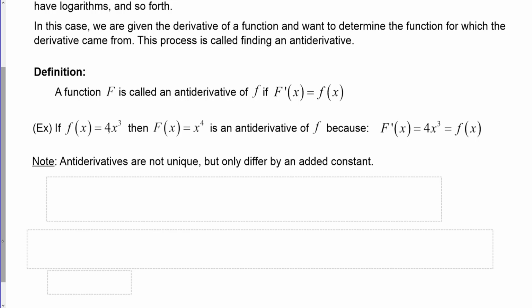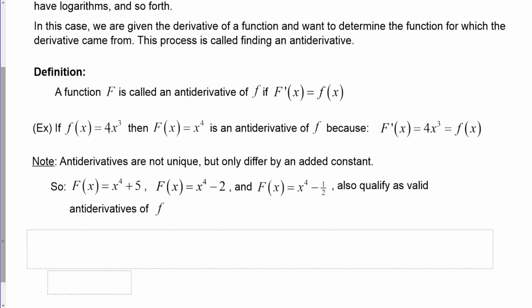But note that antiderivatives are not necessarily unique. You would never have another function with different powers on x or any other added pieces of the function. The only difference you could have is an added constant.